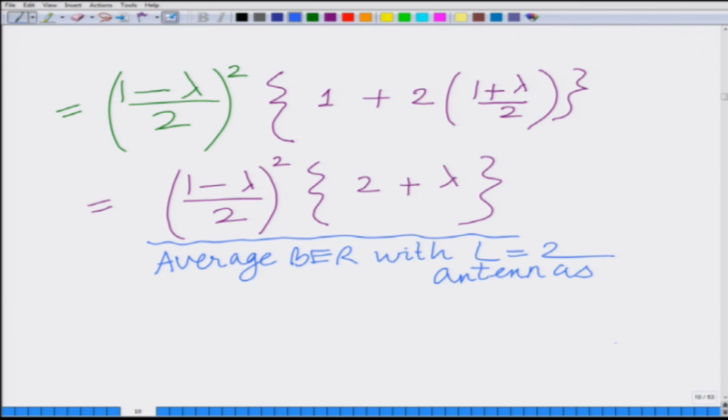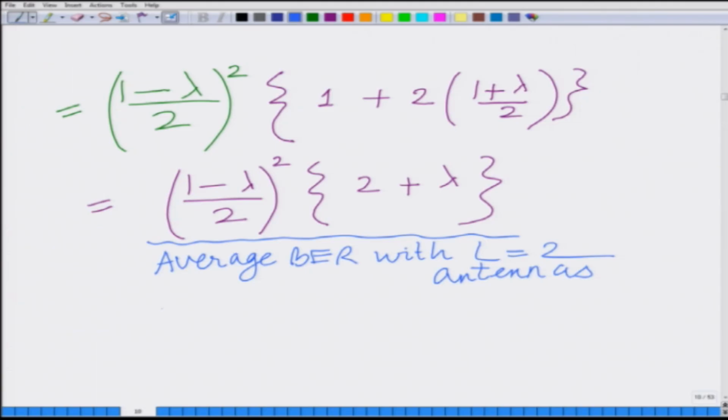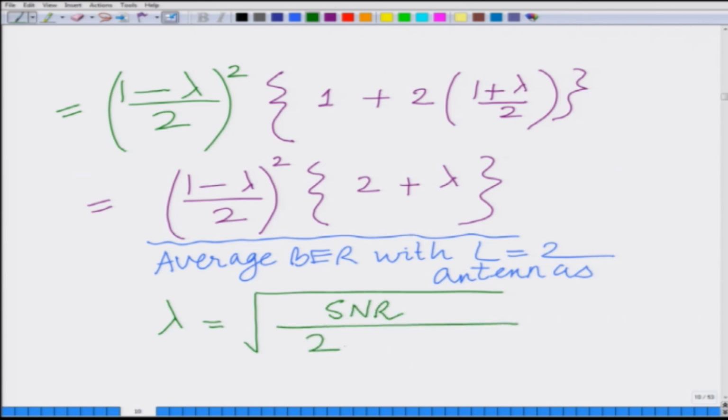This is the average bit error rate with L equal to 2 antennas, that is (1 minus lambda by 2) whole square times (2 plus lambda), and lambda, the quantity as we have already seen previously, equals square root of SNR divided by 2 plus SNR. So, this is the average bit error rate for a system with L equals 2 antennas.